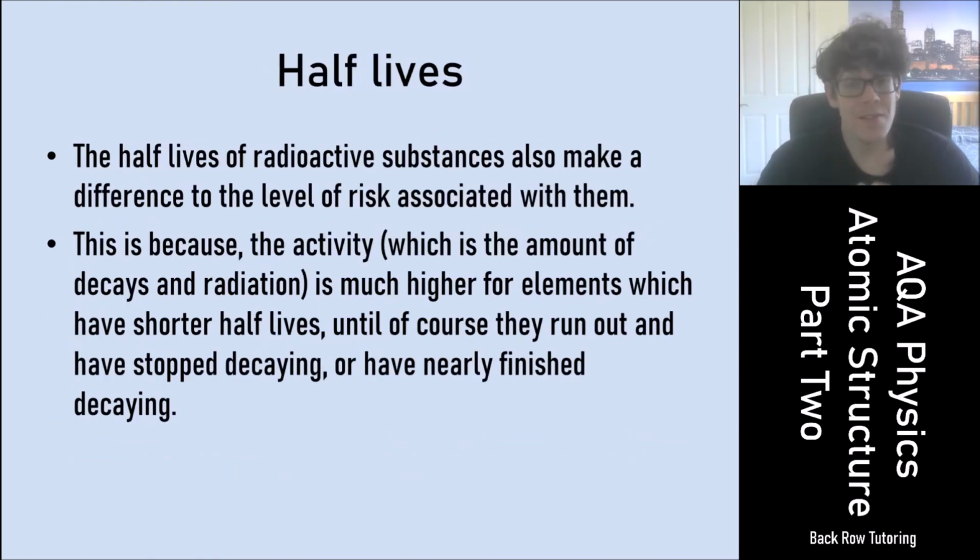The half-lives of radioactive substances also make a difference to the level of risk associated with them. This is because the activity, which remember is the amount of decays and radiation which is coming off of something per second, is much higher for elements with shorter half-lives, until of course they run out and have stopped decaying or have nearly finished decaying.